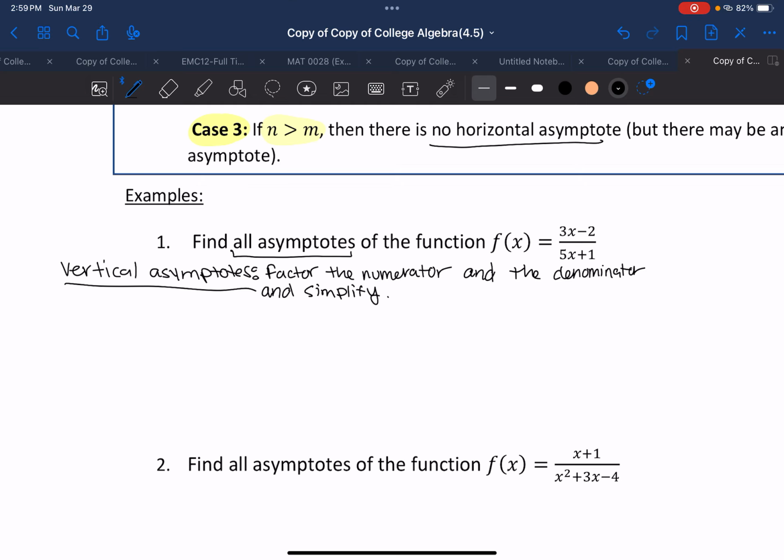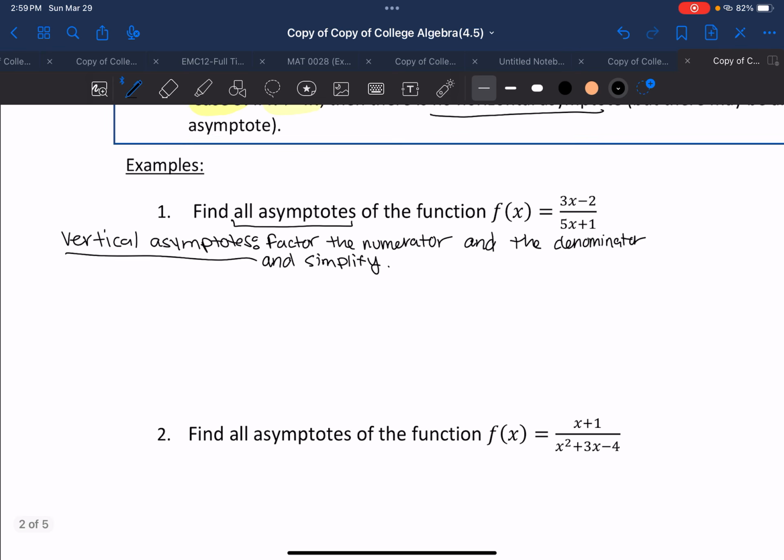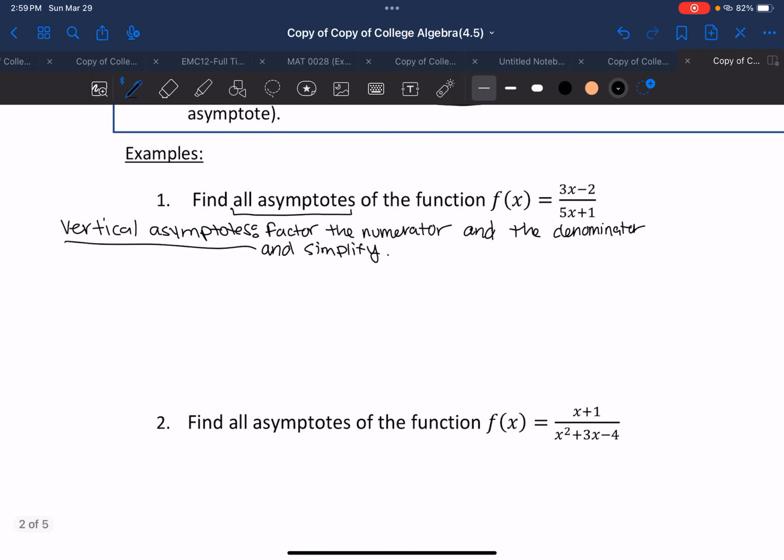Now you only have to do that to find the vertical asymptotes. Okay, and I'm going to talk more about this a little later. But that is what we need to do first when we're finding vertical asymptotes.